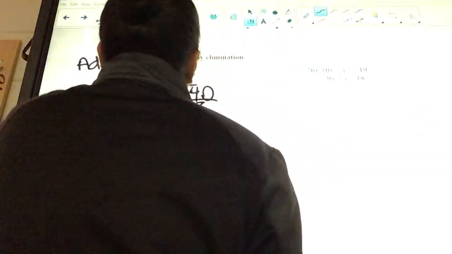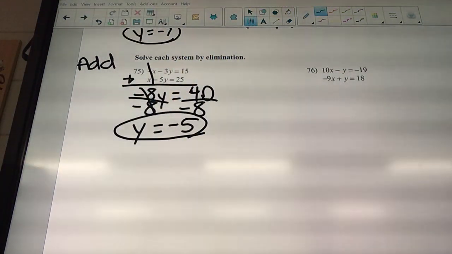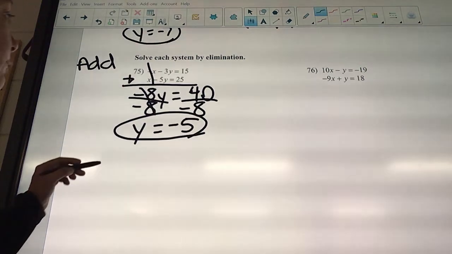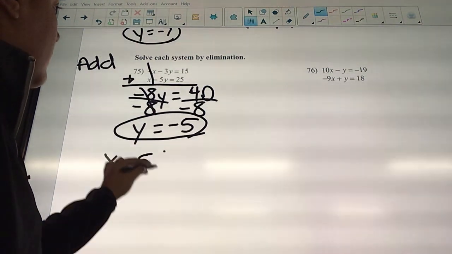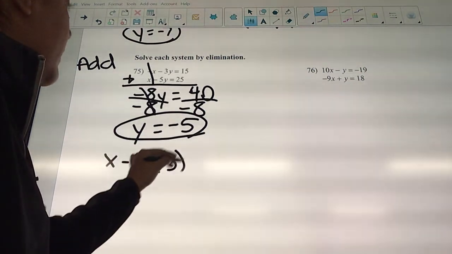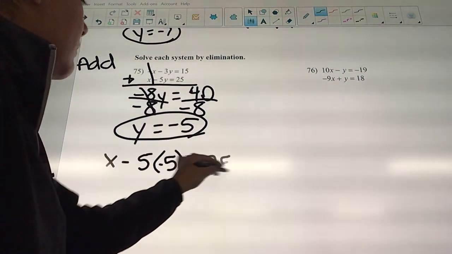Now I take this and I plug it into either equation. It doesn't matter whether you pick equation 1 or equation 2. I'm going to use equation 2, and equation 2 says x minus 5, instead of y, I'm putting a -5, equals 25.